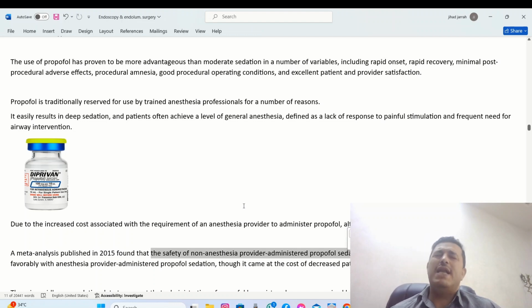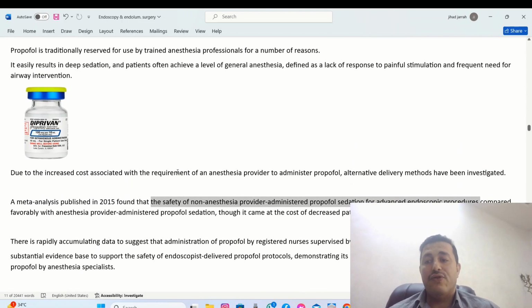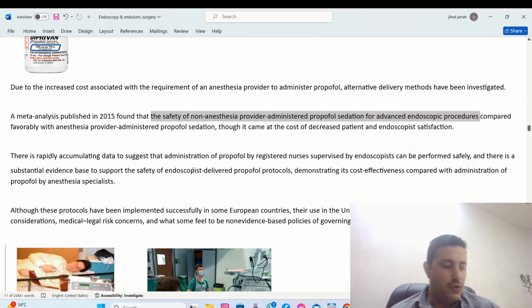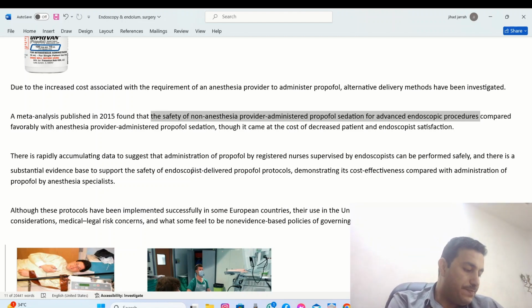But this will add more responsibility to the endoscopist, and his job is to investigate the colon, not the sedation of the patient. Of course, propofol has the advantage that it provides deeper sedation, better satisfaction of the patient and the doctor, and better recovery after the procedure.